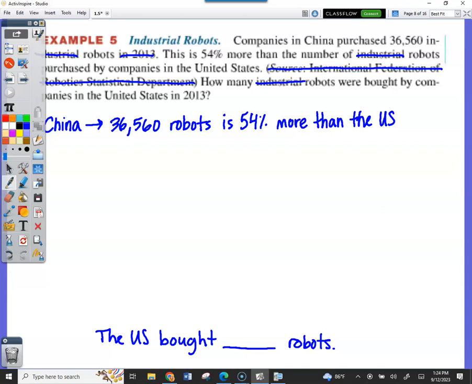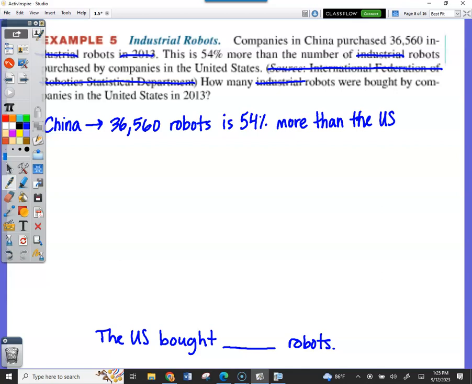We have how many China bought. We have a parameter telling us how much the China number is compared to the U.S. number. We're going to set up an equation and solve for it to get the U.S. number. Before we do this, we have to create a variable and assign it to something in the problem.